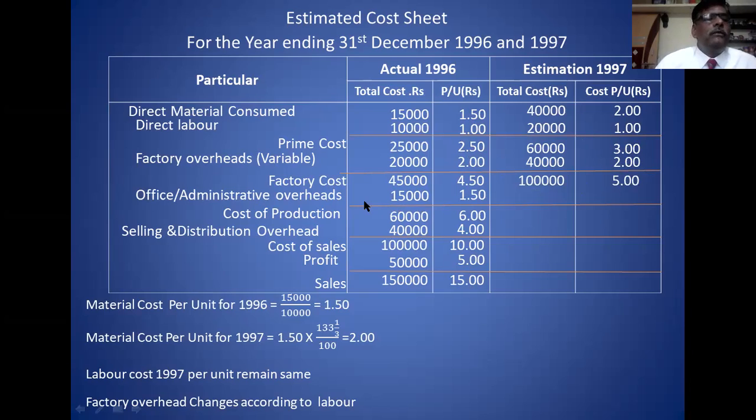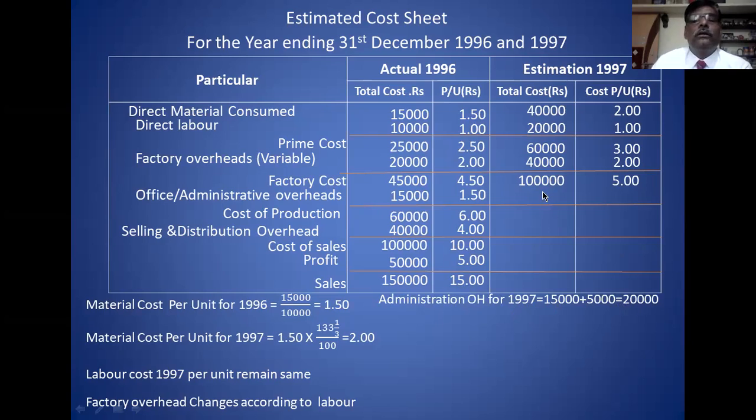Then office and administration overhead. Office and administration overhead increased by 5,000 rupee. So it is a fixed cost. You have to calculate on the total amount. You see the working note. Administration overhead for the year 1997 is 15,000 plus 5,000 is equal to 20,000.